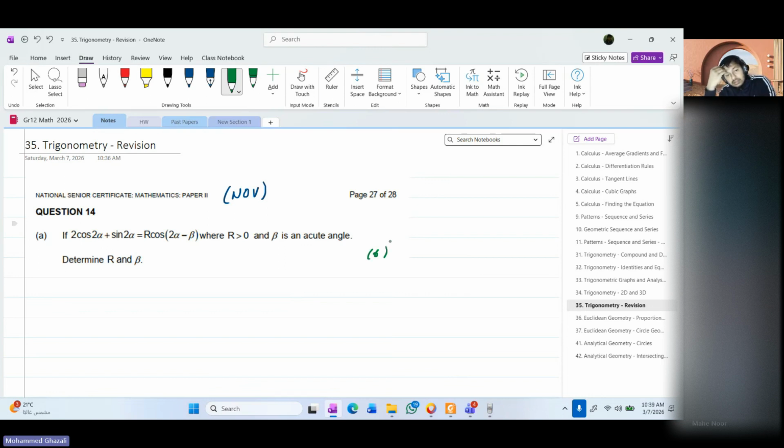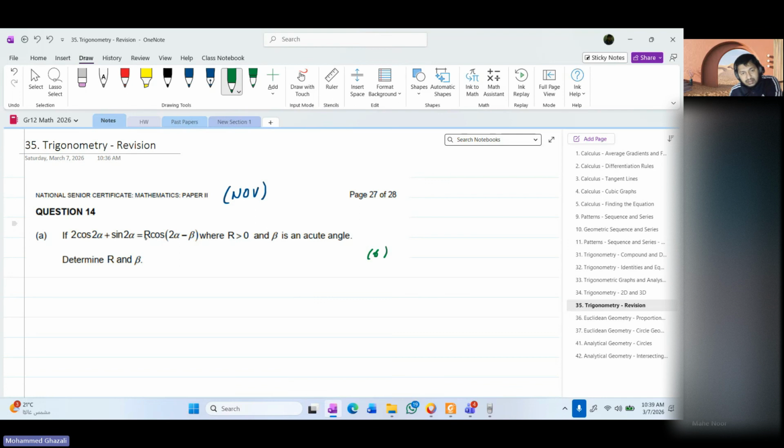Now, thinking about the question, what would you do first? Anyone knows what to do first? Just by looking at the question. Look on this side. We can't do much here. Of course, you can expand on this side.